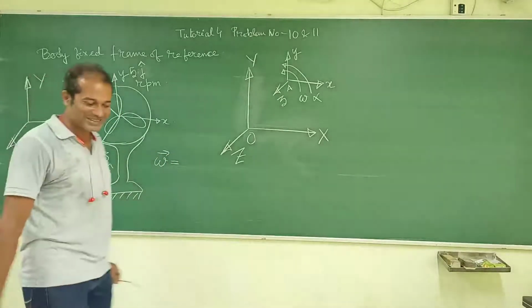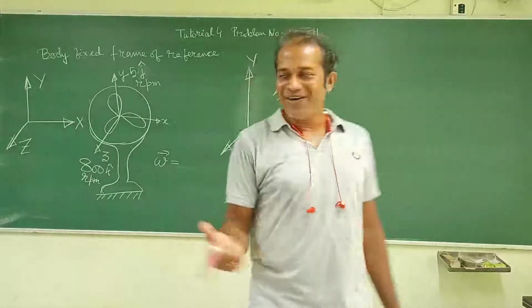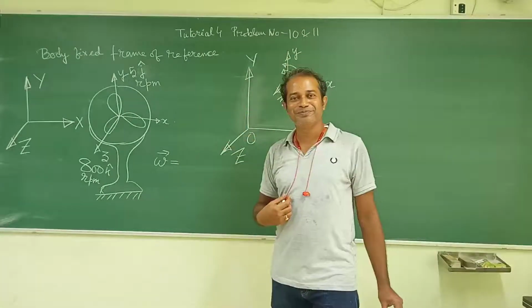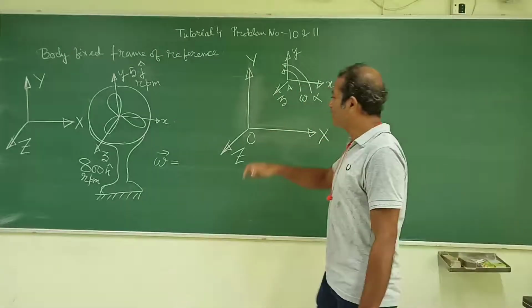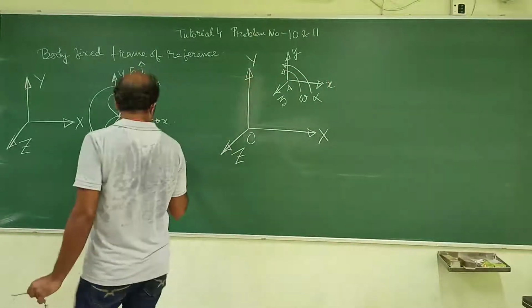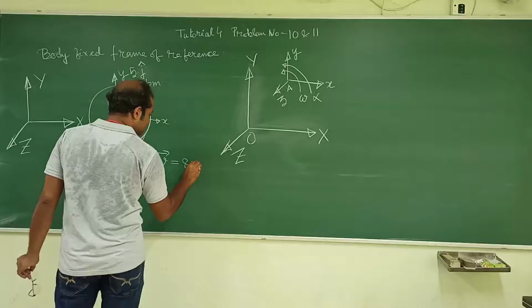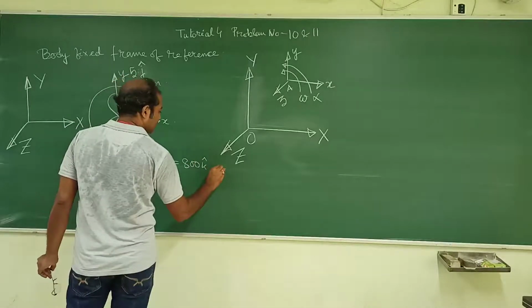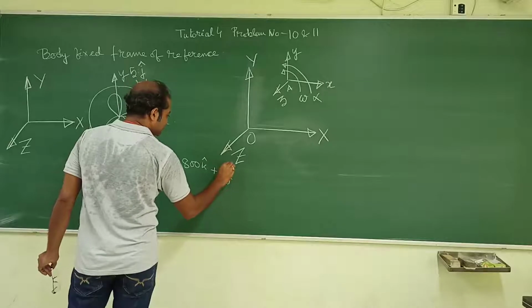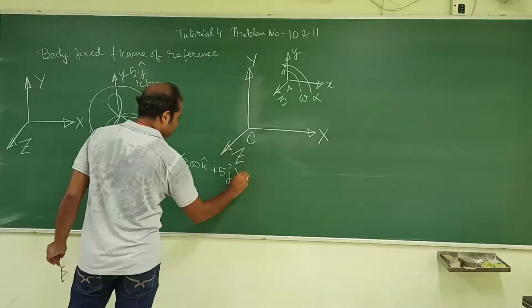Now we are calling it the body or the small xyz frame. What is the total angular velocity? Omega is going to be 800 k plus 5 j rpm.